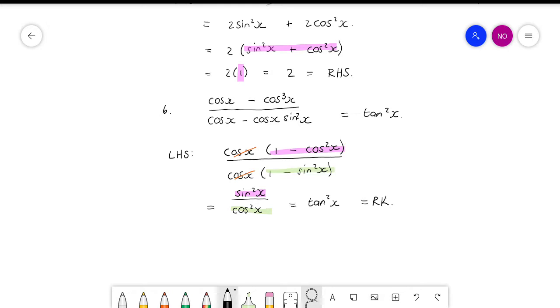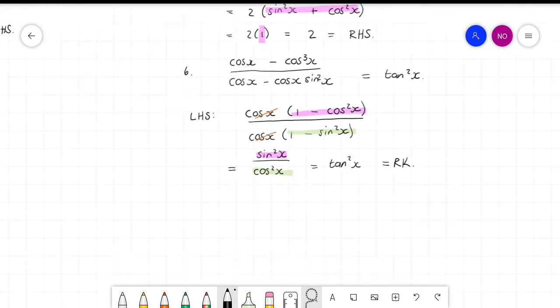Okay. Onthou ek het mos vir julle gesê hierdie ene moet, as hy tot die mag 3 is, dan is dit sin tot die mag 3 oor cos tot die mag 3, né? Die ander ene werk nie so nie. Hy moet wees sin kwadraat plus cos kwadraat is 1. So die kwadrate moet daar wees. Okay.